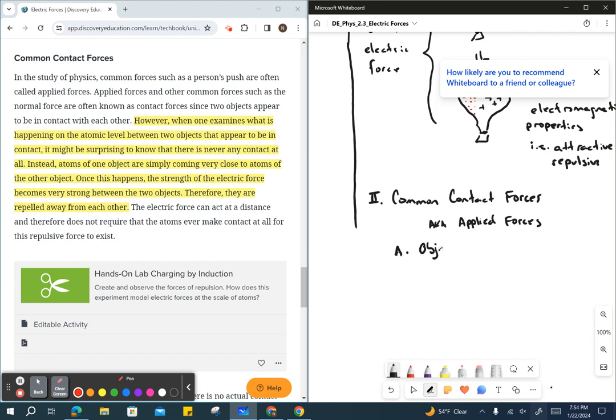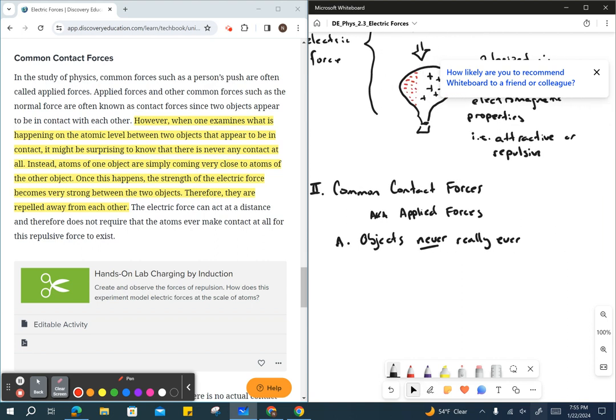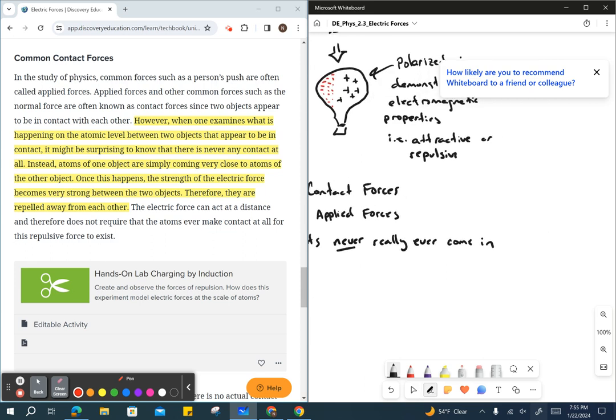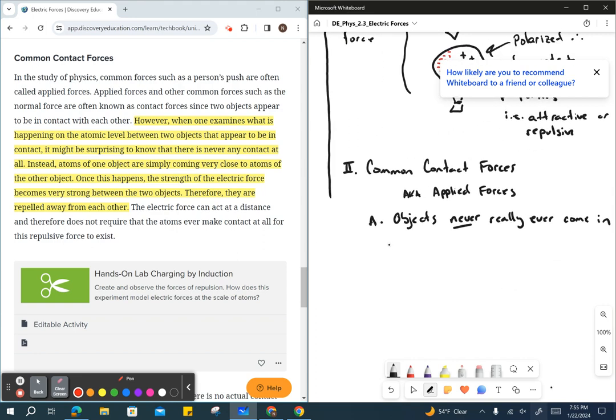Objects never really ever come in contact with each other.